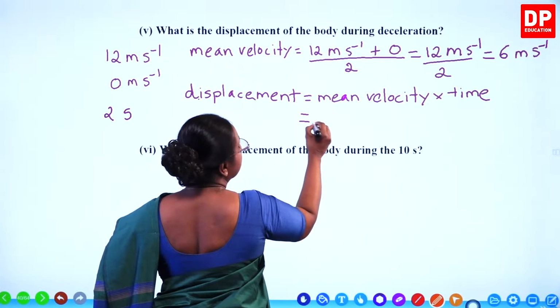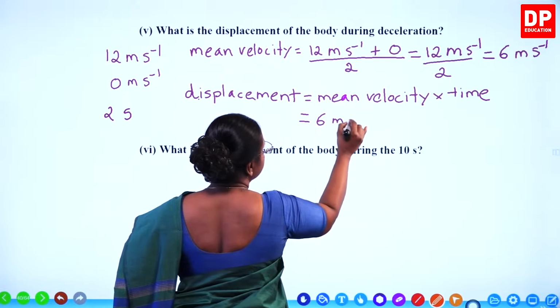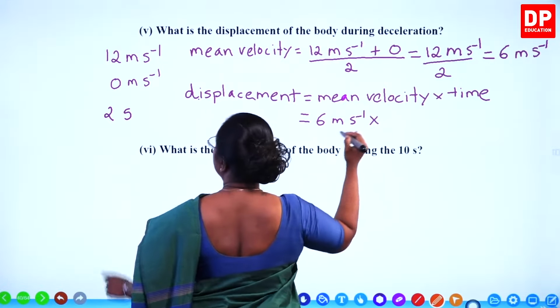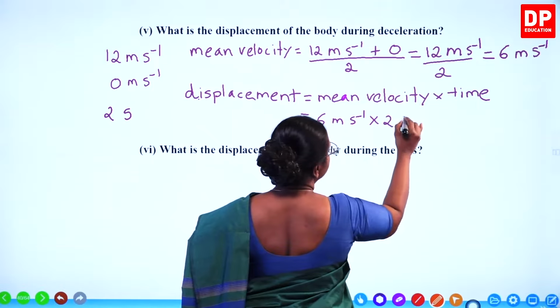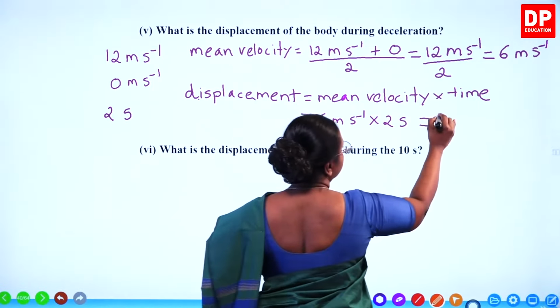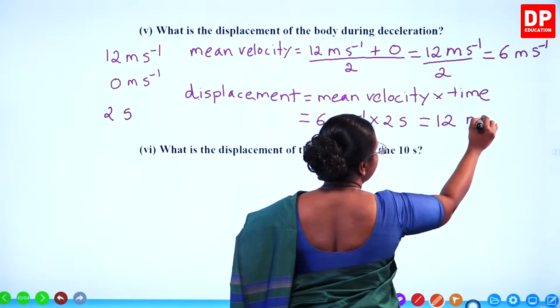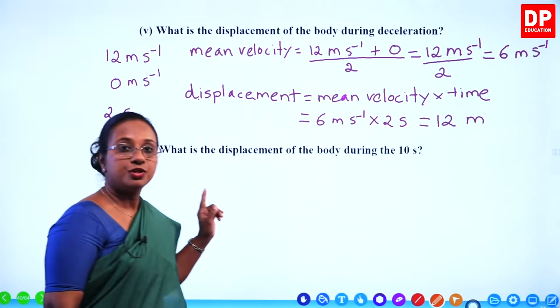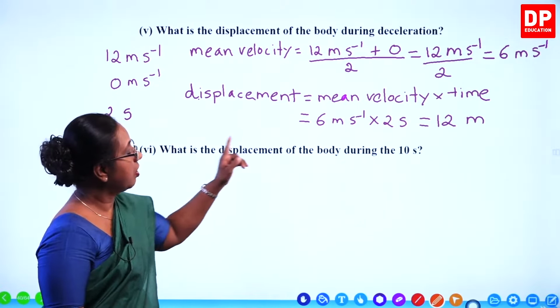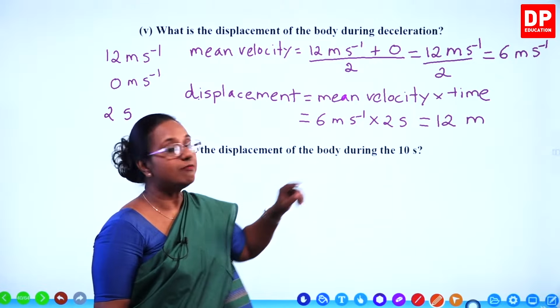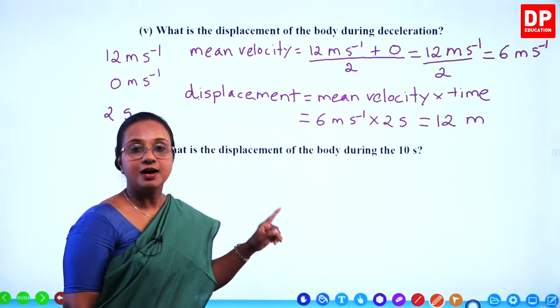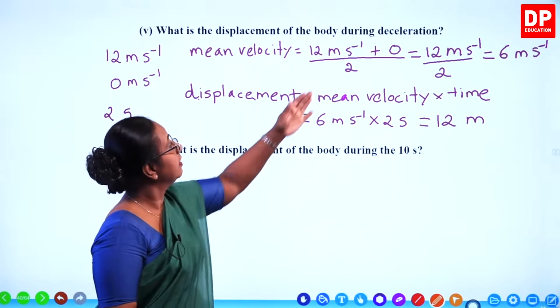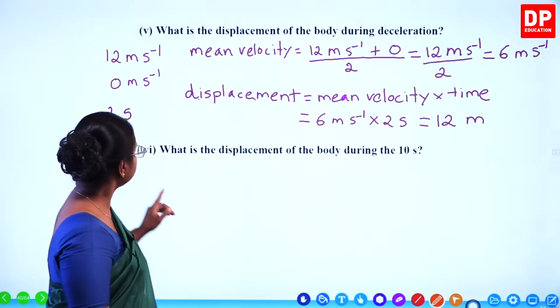So that will be again 6 meters per second into time 2 seconds. So the value will be 12 meters. So the body has moved or displaced by 12 meters within the last 2 seconds with deceleration.